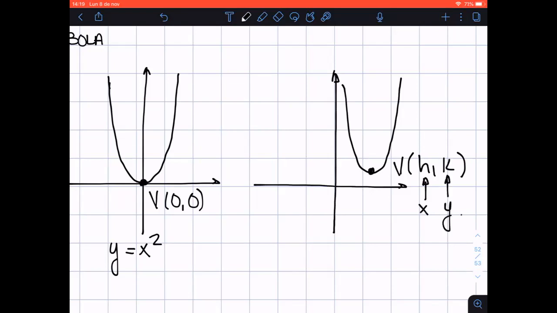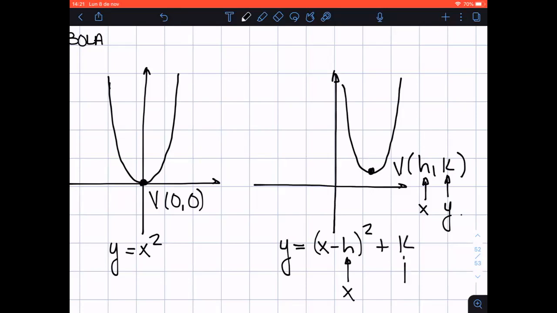So given this, the way in which the equation will be modified, if you recall, when you're translating parabolas, your equation will be y equals x minus h squared, where the h is the number of units that you will move your parabola horizontally, plus k.